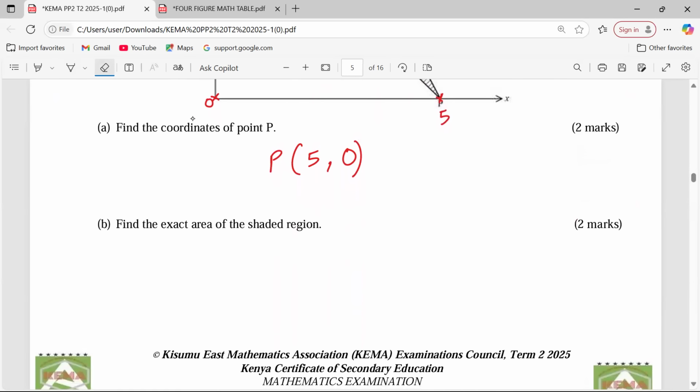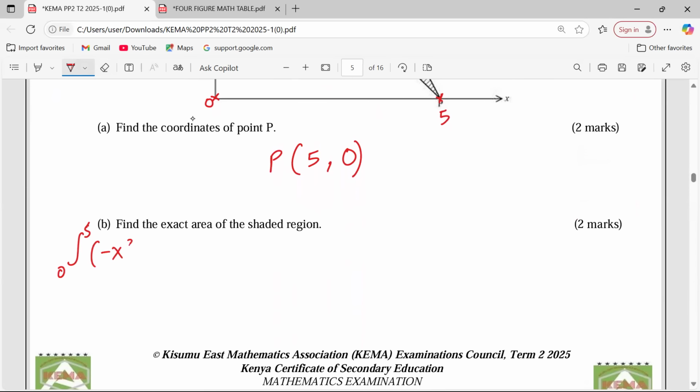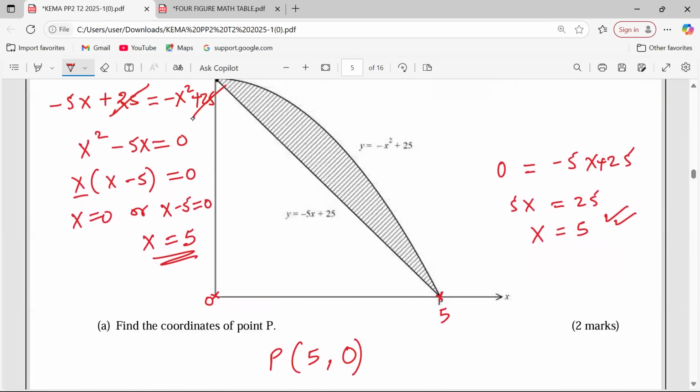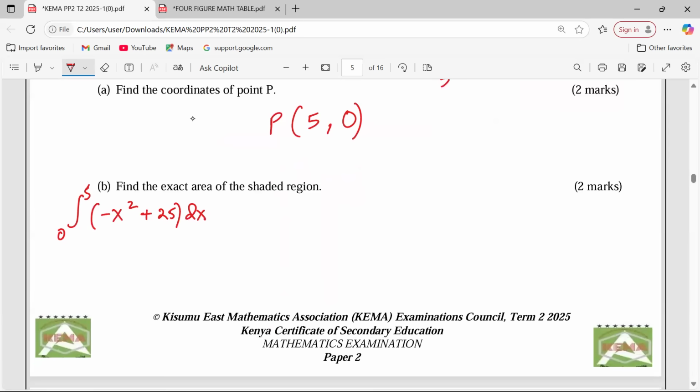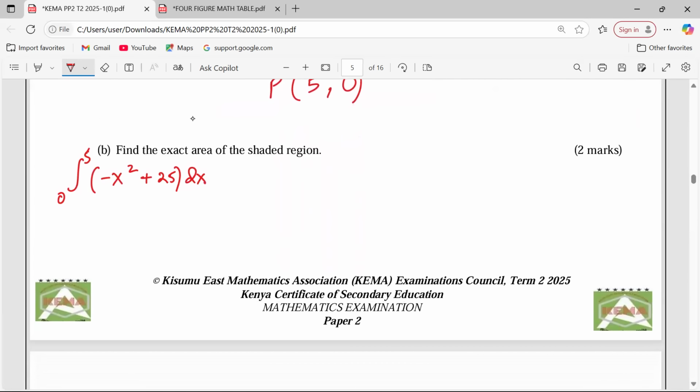So we shall integrate now from 0 to 5 the function negative x squared plus 25. This is happening with respect to x. So now we can find the value: negative x power 2, the power increases to 3, and now we shall have negative x power 3, and the new power divides here.